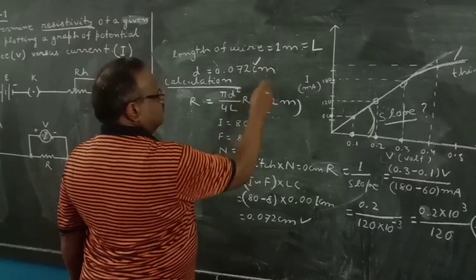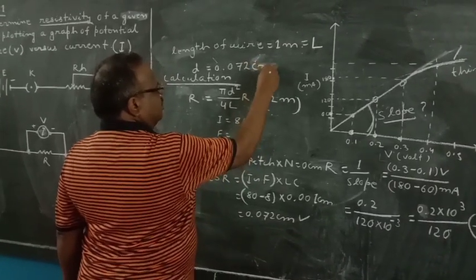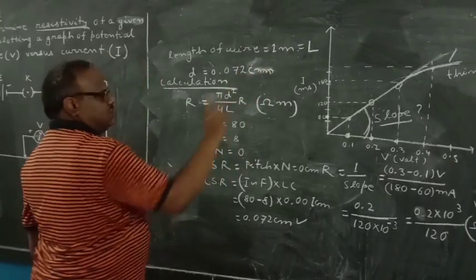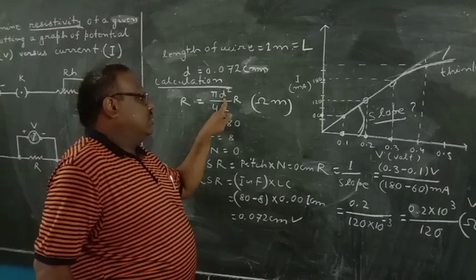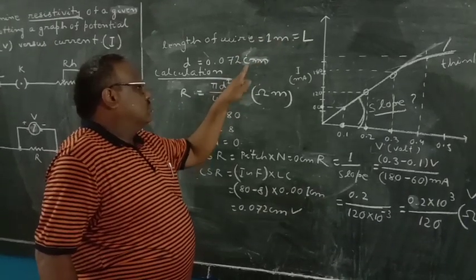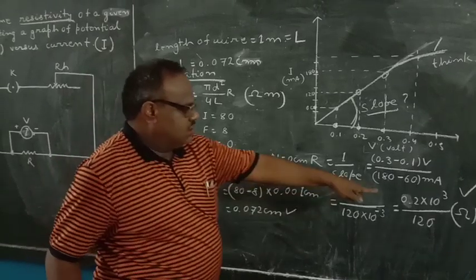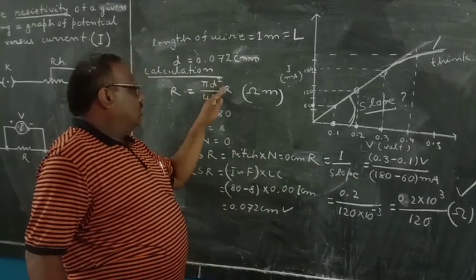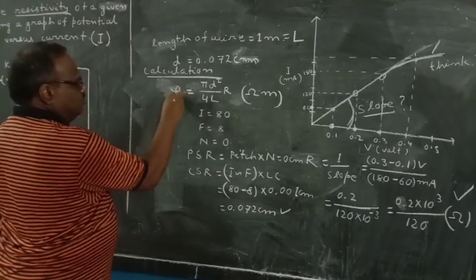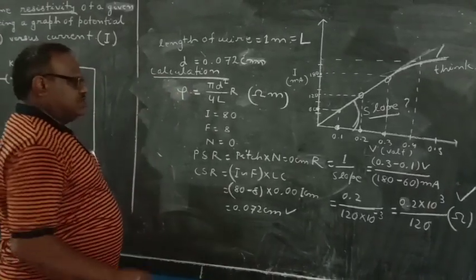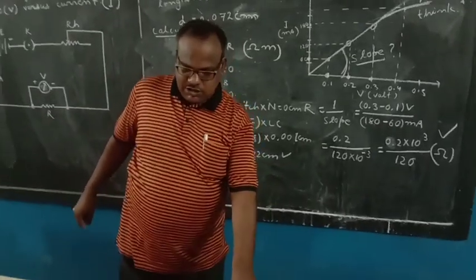Convert the diameter into meter and put it here, otherwise you will get a different result. All should be taken in SI units. This is in centimeter, so convert it into meter, and R you have calculated. Put all the values, and you can find the value of the resistivity. So this is how to calculate the resistivity of the given wire.